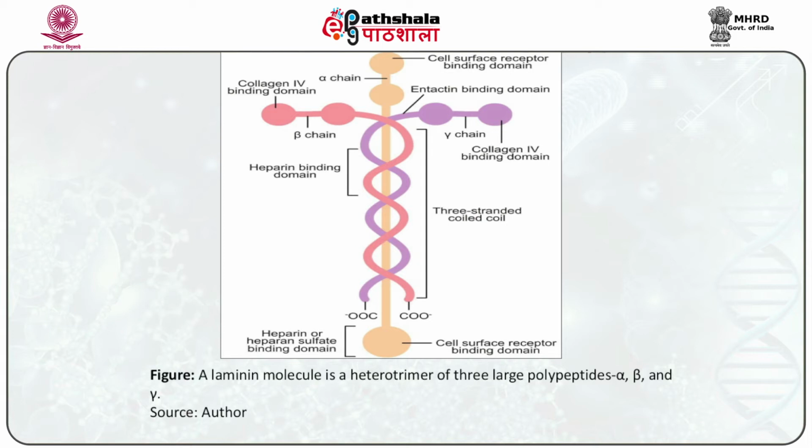The cross arms also contain laminin-laminin binding sites, thereby enabling laminin molecules to bind to each other and form large aggregates. Laminin also contains binding sites for heparin, heparan sulfate, as well as for entactin.